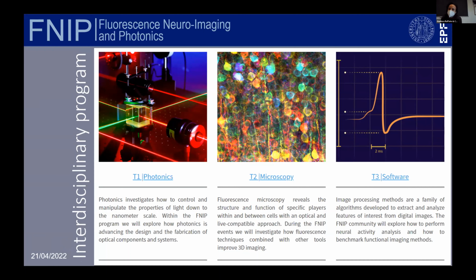The first topic is the one that we will treat today, and it's photonics. This topic investigates how to control and manipulate the light and its properties down to the nanometer scale. And within this initiative, we will explore how photonics is advancing the design and fabrication of optical components and systems.